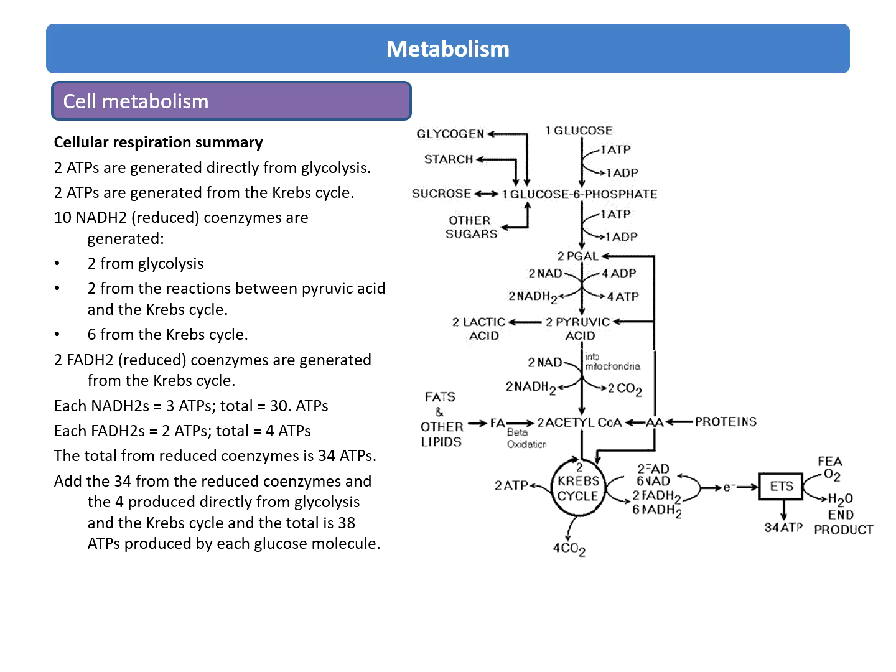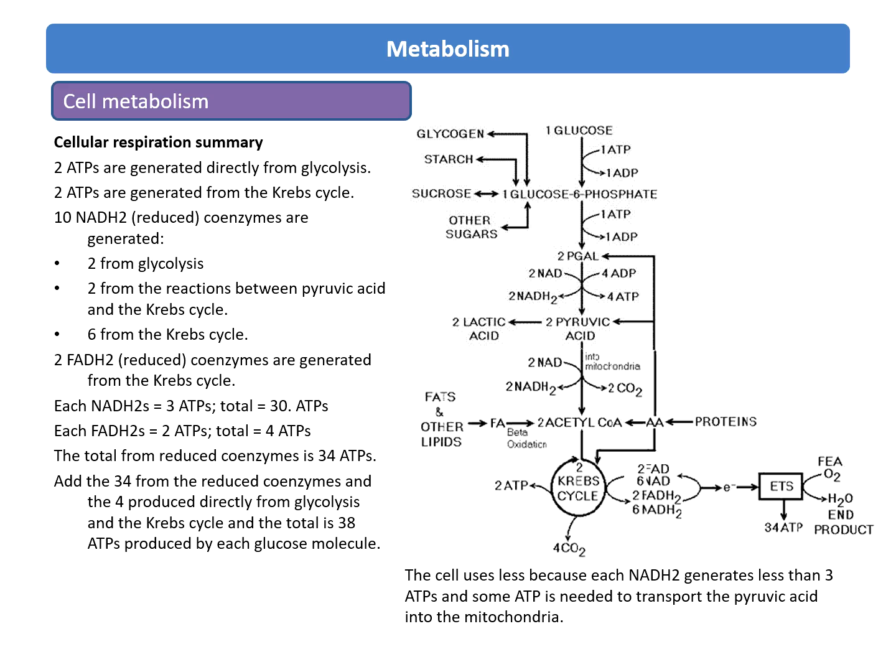Add the 34 from the reduced coenzymes and the 4 produced directly from glycolysis and the Krebs cycle, and the total is 38 ATPs produced from each glucose molecule. The cell uses less because each NADH2 generates less than 3 ATPs, and some of the ATP is needed to transport the pyruvic acid into the mitochondria.